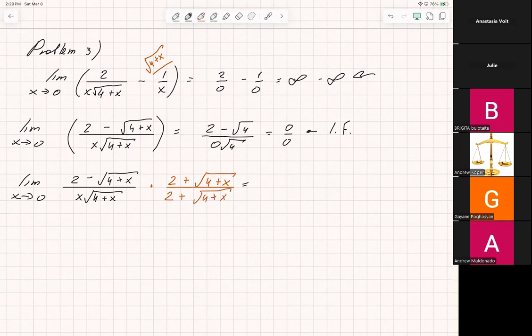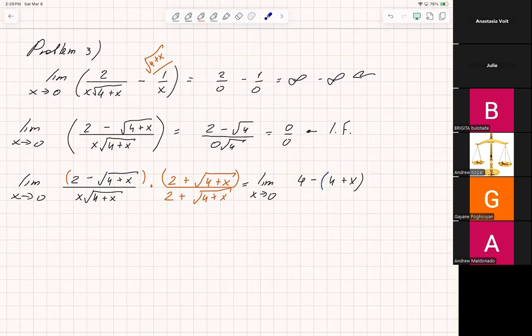And now we can combine these two factors using the difference of squares, and we have limit as x approaches 0 of 4 minus 4 plus x. So now this square root will be just square root squared, which is just 4 plus x.